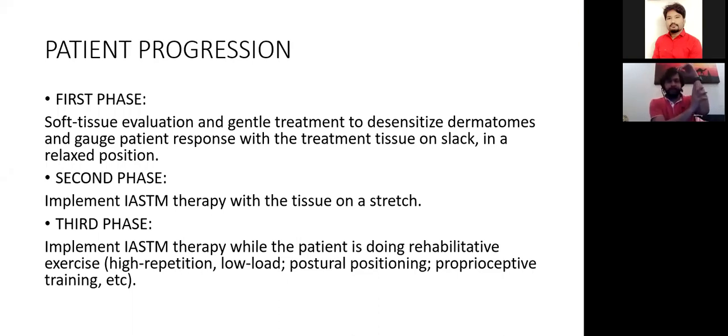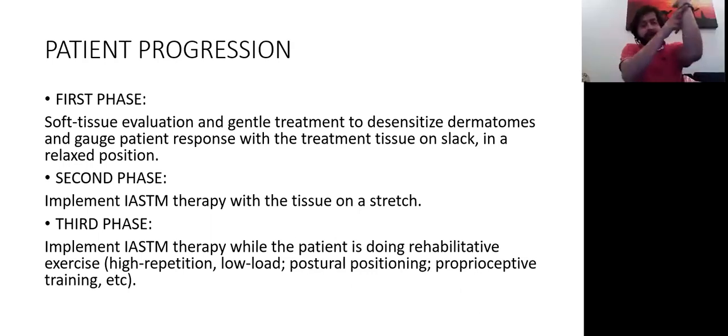So basically the first phase is do nothing: the muscle part is in a relaxed position when you are going for the strokes. In the second phase, I'm passively stretching the part and then going for the strokes. In the third, I will go for the movements now, because the pain is less. What I need to reduce is the inflammation, and I can go for a more vigorous, more active approach.